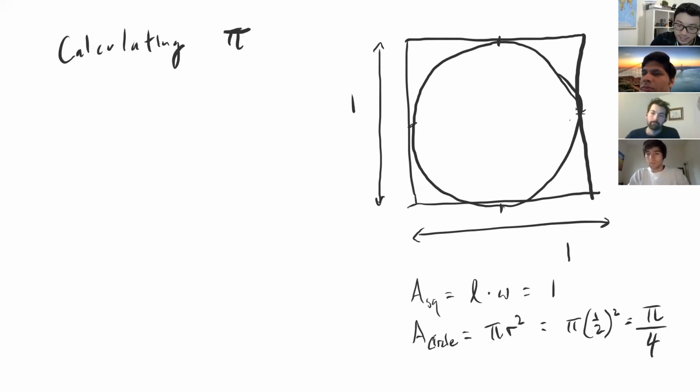And so I can solve for pi as a function of these parameters, which is equal to 4 times the area of my circle over the area of the square.